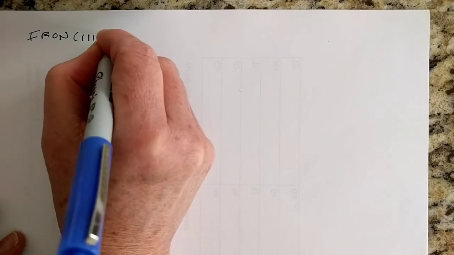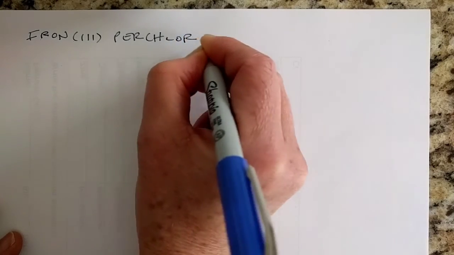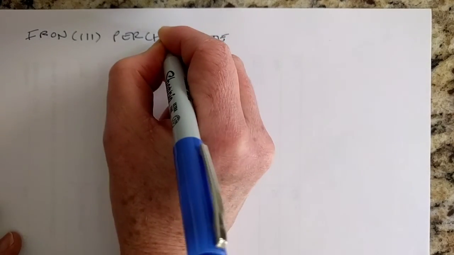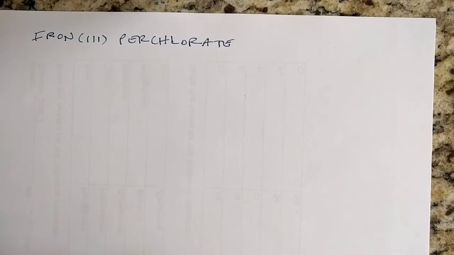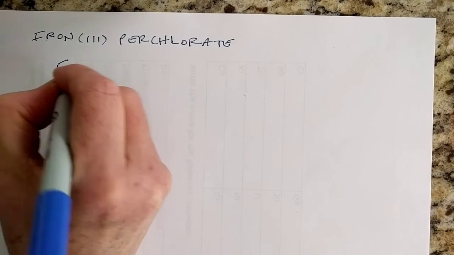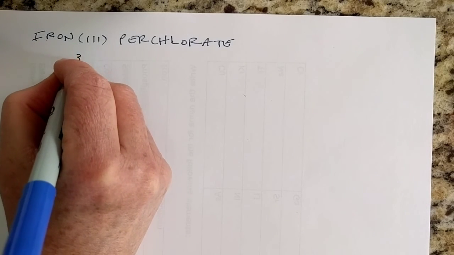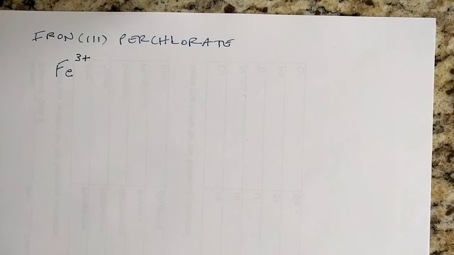All right, let's just do a few more examples. Let's do iron(III) perchlorate. Okay, so iron is Fe. Roman numeral 3 means that this particular ion is a 3+ ion. Our chart tells us iron can be +2 or +3. Here, it's 3.